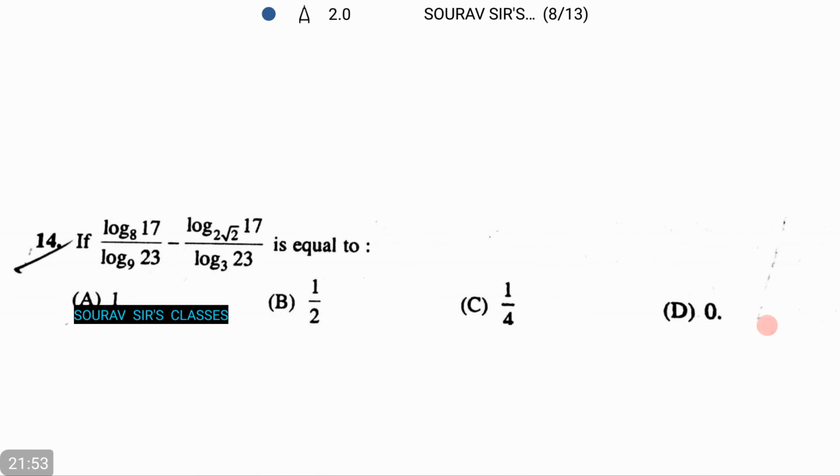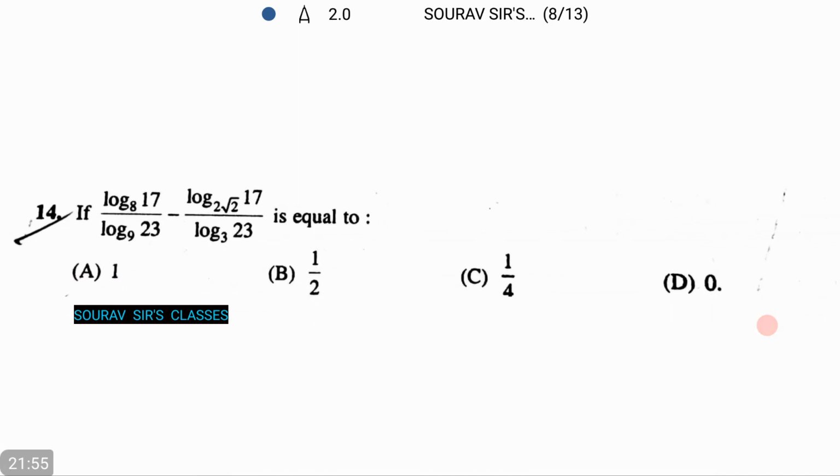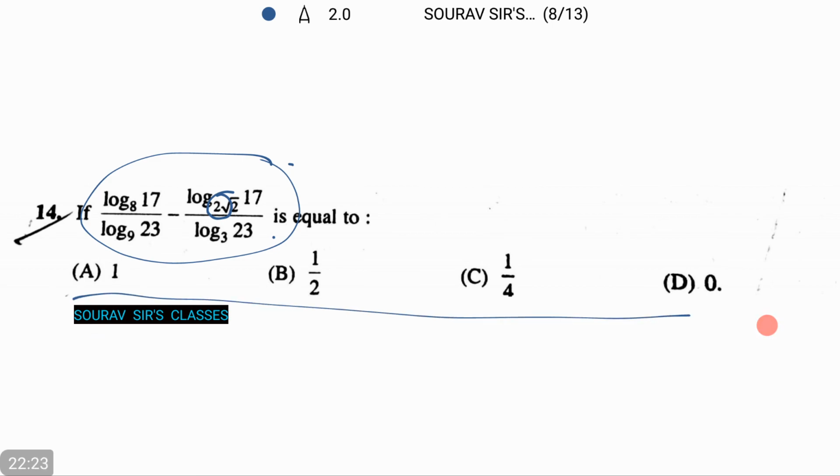All right, we have log to the base 8 of 17 by log to the base 9 of 23 minus log to the base 2 root 2 of 17 by log to the base 3 of 23. Fine enough. This will be a very clean answer. You can already tell, since the options are pretty simple.